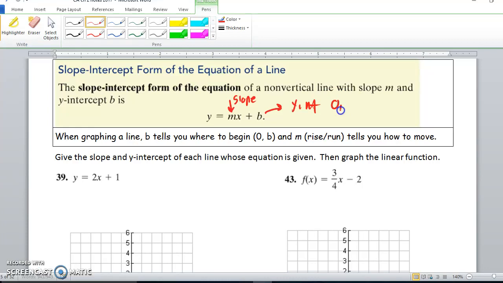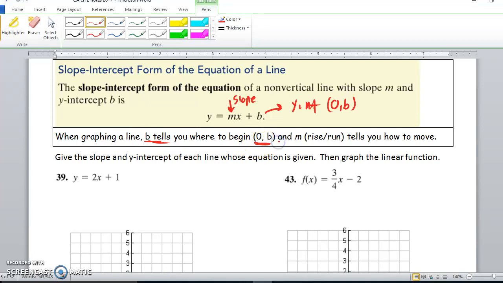So think about it. If you let x equal 0, y is going to be equal to b. This is really helpful in graphing. I try to put this in pretty simple terms. When you graph, the b value would tell you where to begin.